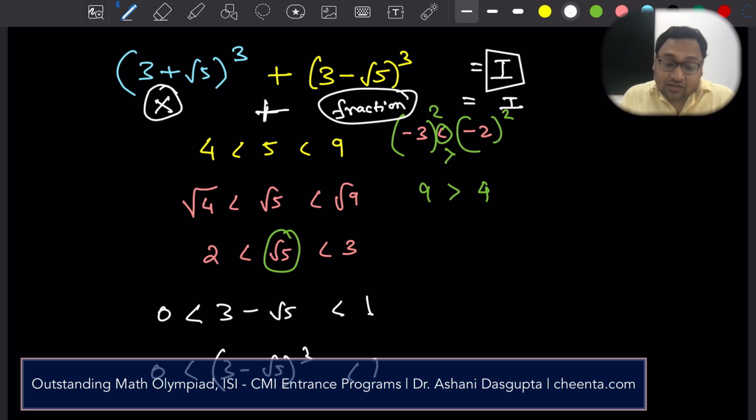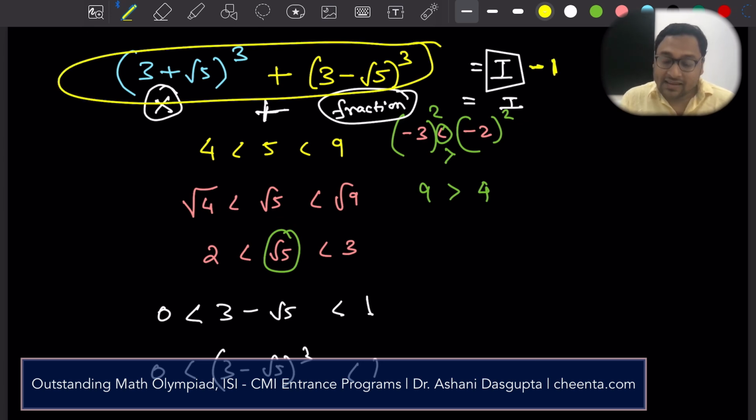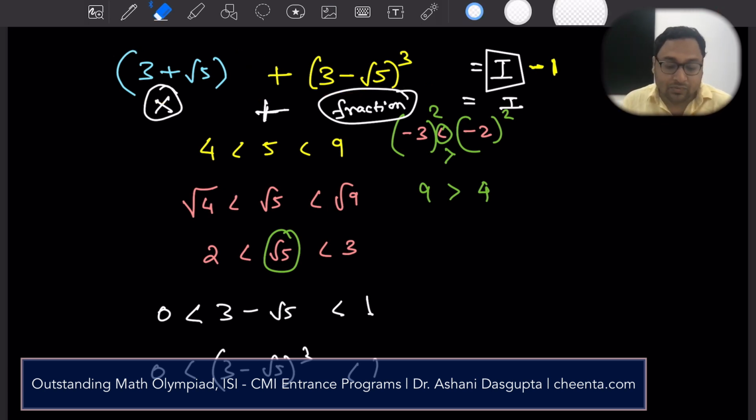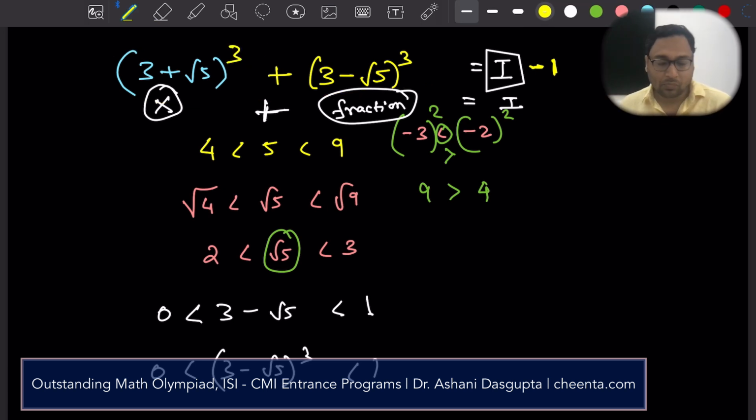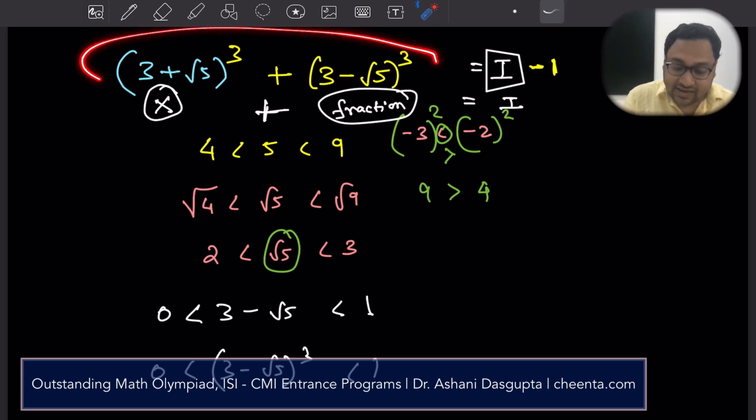So the integer part of (3 plus root 5) whole cube will be this minus 1. Right? So whatever this is, minus 1 will be the greatest integer smaller than (3 plus root 5) whole cube. So all we need to show is that this is an integer.